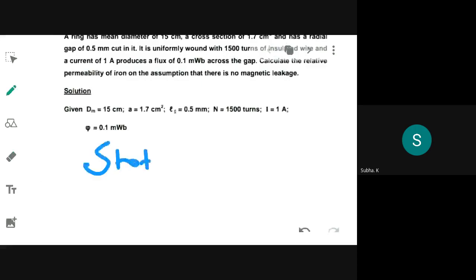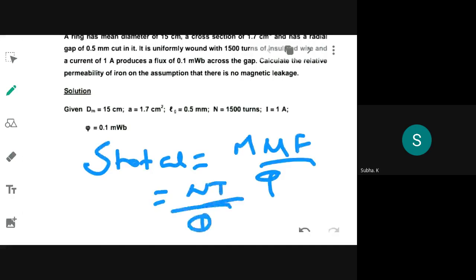So what is your total reluctance now? That is equivalent to MMF divided by flux, so N into I divided by flux. N is 1500, I is 1 ampere, phi is 0.1 milliweber. Solve it and tell me the total reluctance value.